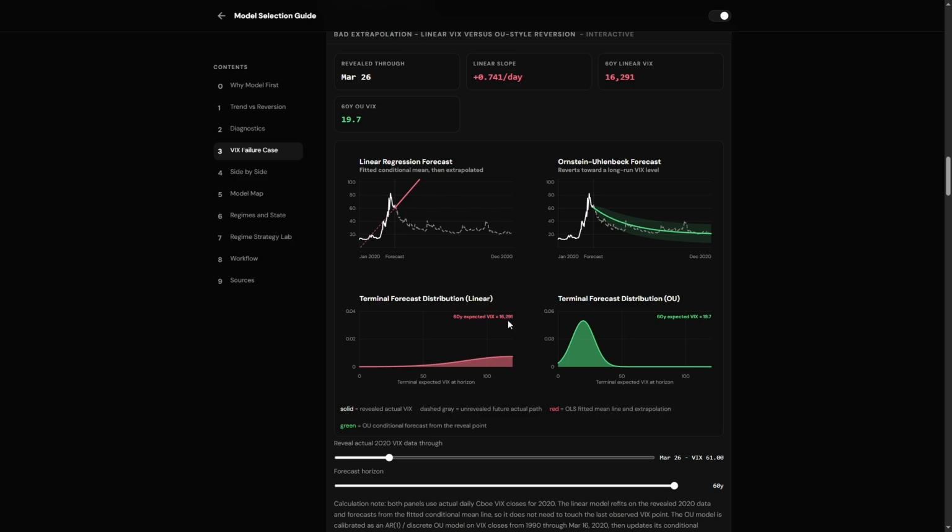The 60-year expectation shows VIX in 60 years at around 16,291, which is obviously not going to happen, while the mean reversion process suggests a realistic forecast of 19.7. Initially it doesn't look that great, but the long-term forecast remains much more accurate than the linear regression suggests.